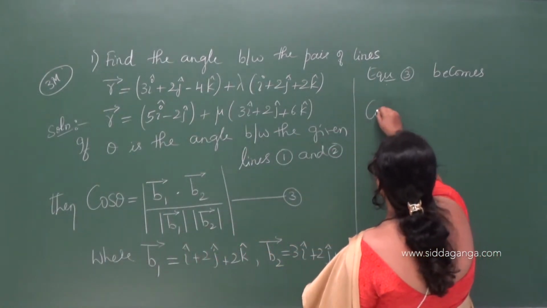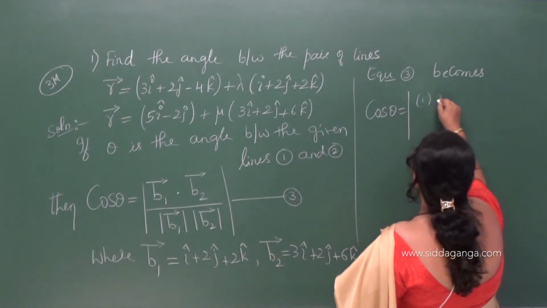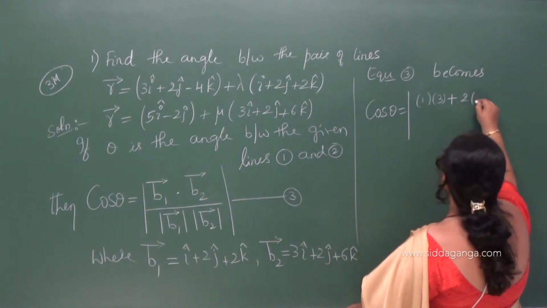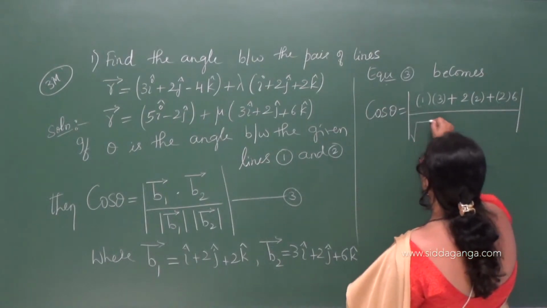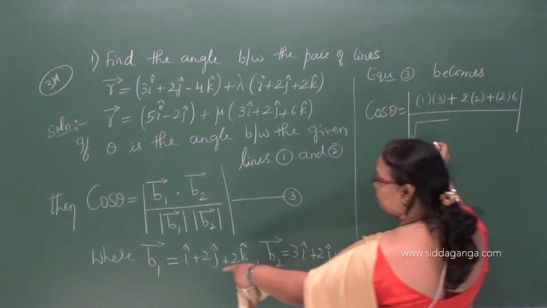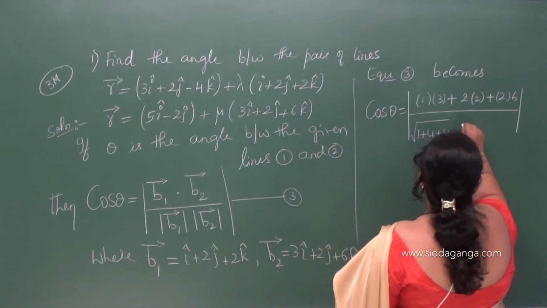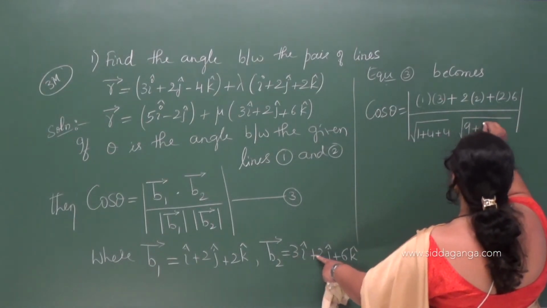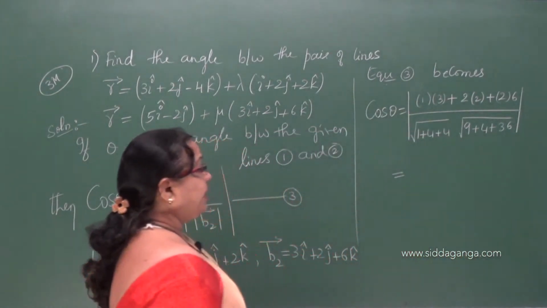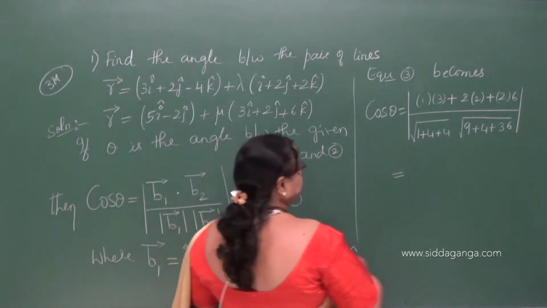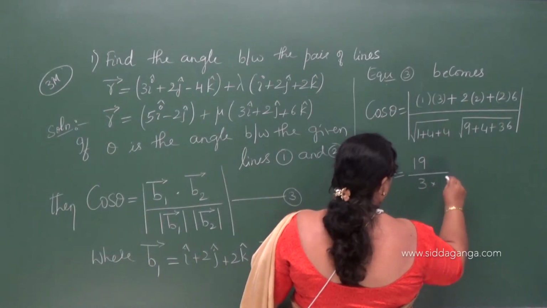So equation 3 becomes cos theta equal to modulus of, in this the i cap component is 1, in the other it is 3, so plus, in this 2 and in the other 2, so plus 2 into 2, and in this 2 and in the other 6. Divided by root of a1 square plus b1 square plus c1 square, the magnitude of b1 vector: 1 plus 4 plus 4, root of 9, which is 3, into root of 3 square is 9 plus 2 square is 4 plus 6 square is 36. Now multiply and add in the numerator. 3 plus 4, what is 3 plus 4? 7 plus 12, 7 plus 12 is 19, divided by root 9 that is 3, into root 49 that is 7.